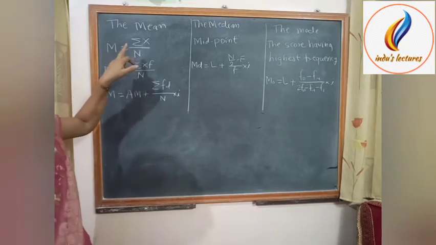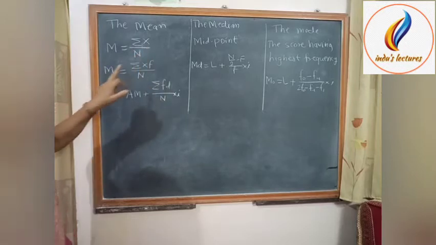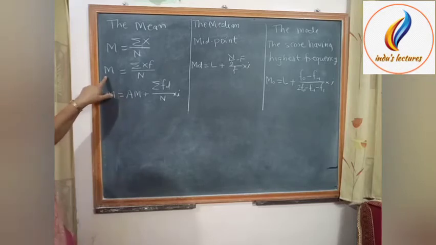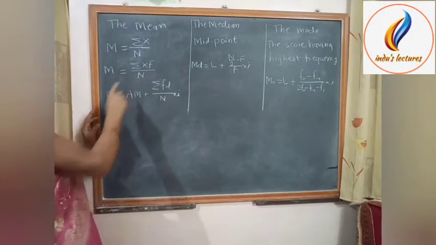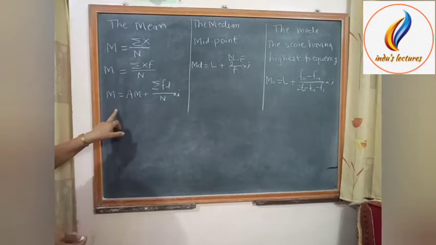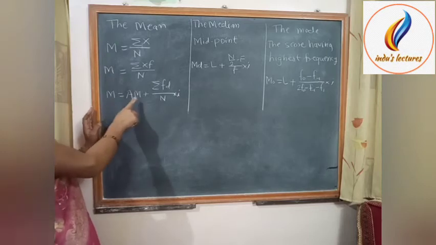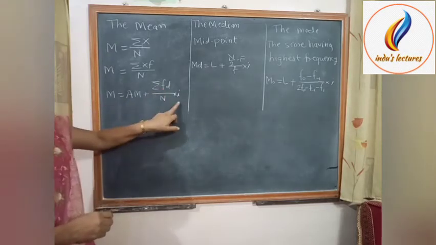That means when ungrouped data is given, then mean is calculated by this formula, and when the score frequency distribution is given, then mean is calculated by using the formula m is equal to summation fx upon n. And when class interval and frequency distribution is given, by the assumed mean method, mean is calculated by m is equal to AM, that means assumed mean plus summation fd upon n into i.